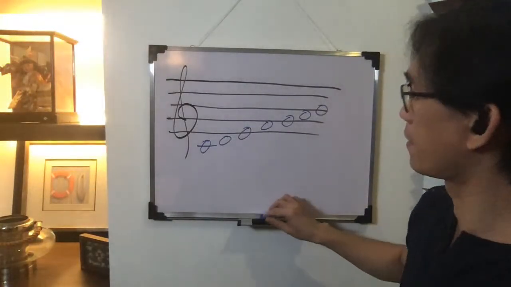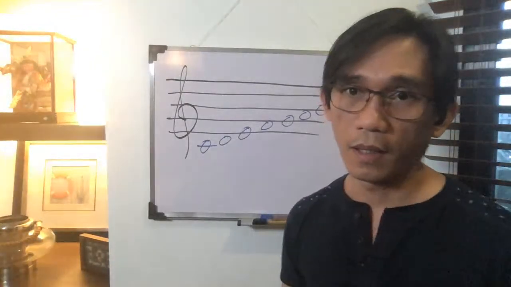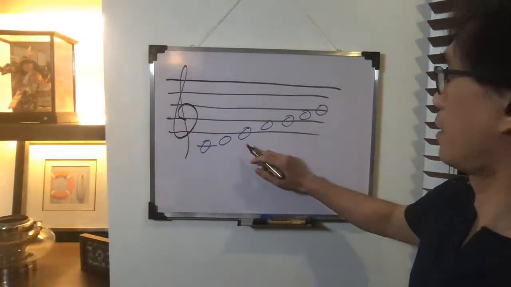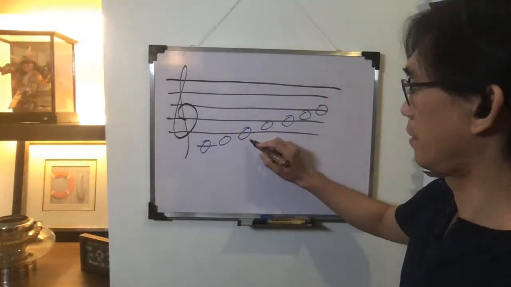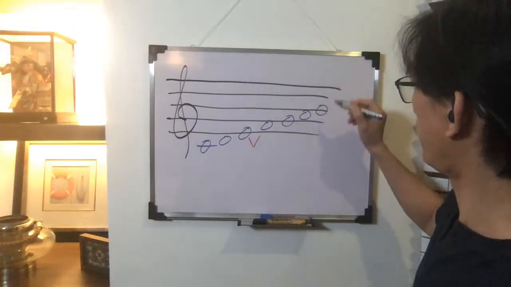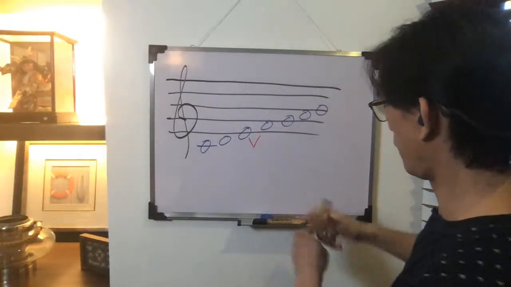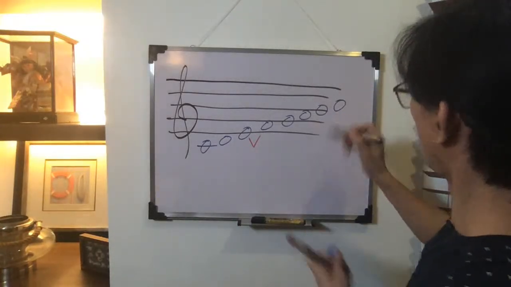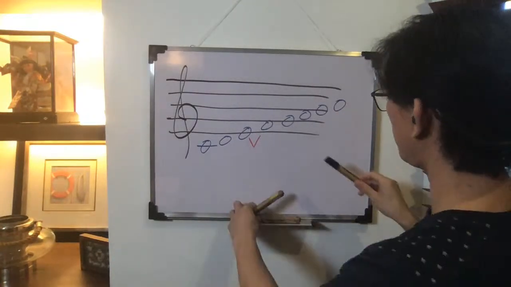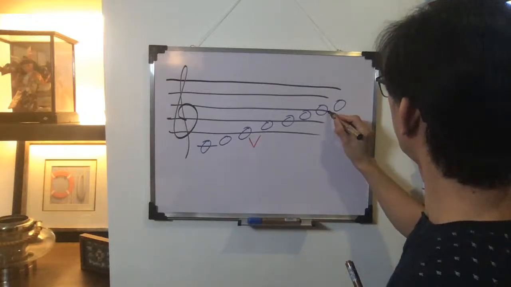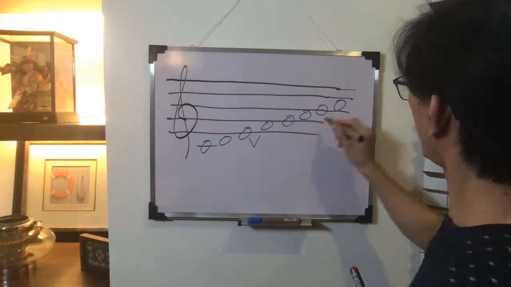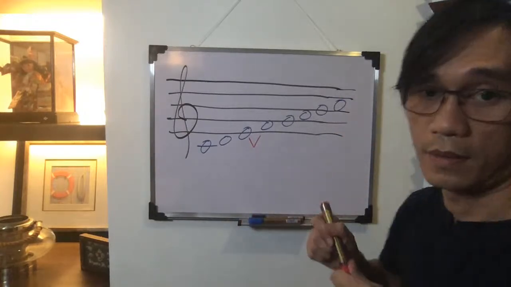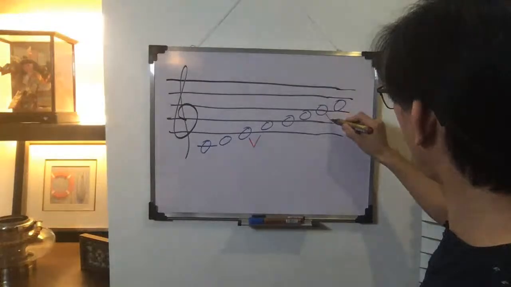the intervals. So in a scale, we have two semitones, which are located here, and oh, there should be another note here. So here and here.